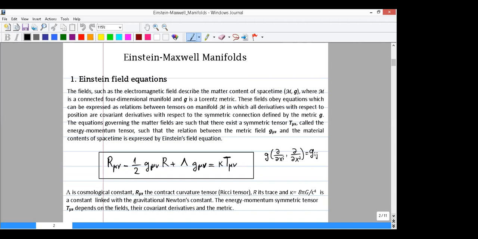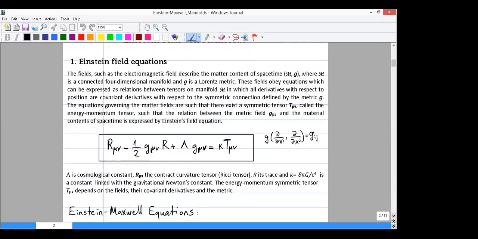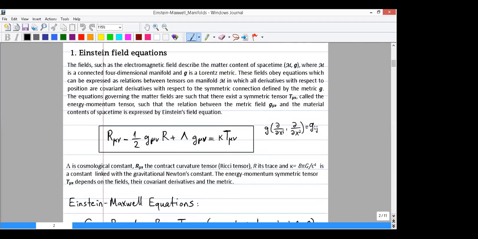I'm giving these long definitions. Actually, you will be able to read on your own, but to be self-consistent, I'm giving these long definitions. So the fields such as the electromagnetic field describe the metric content of space-time. Here, M is a connected four-dimensional manifold and G is a Lorentzian metric.